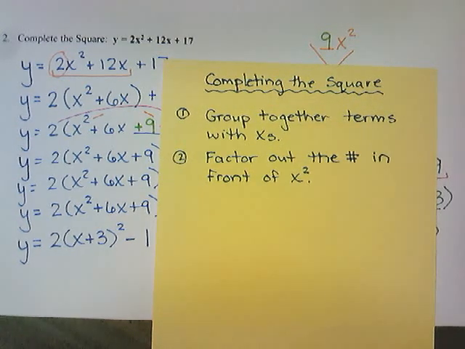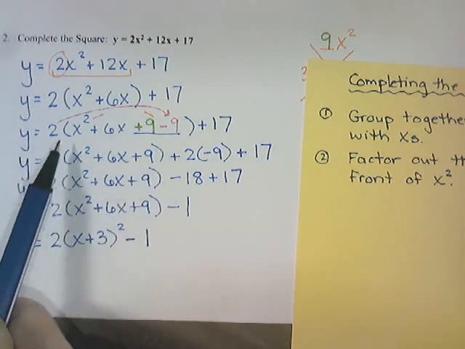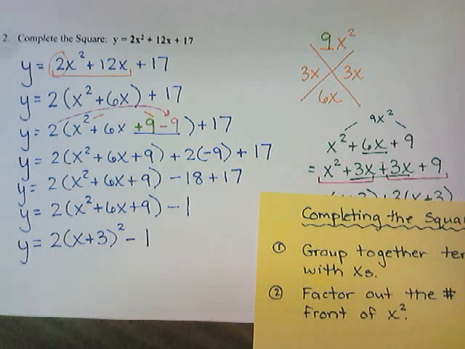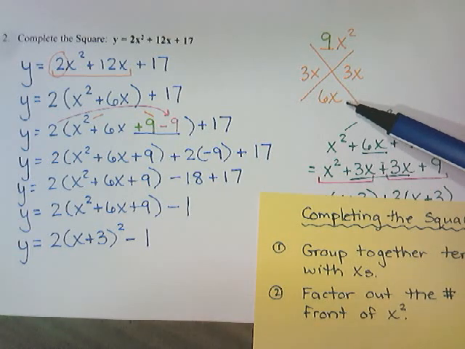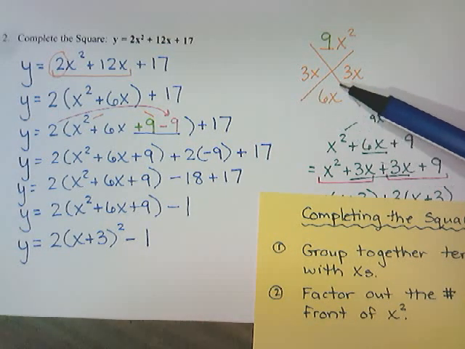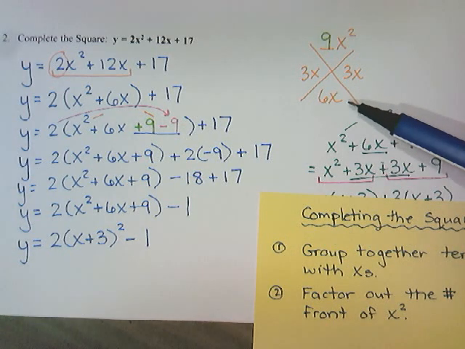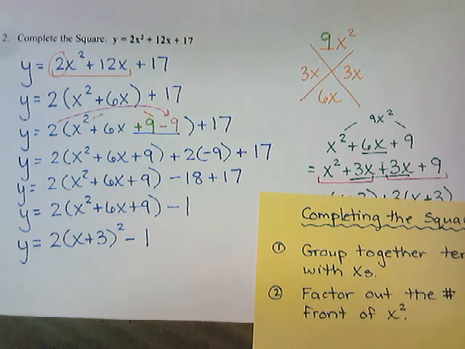All right, from there, this is the weird part. We had to find a number that completed our trinomial, right? Something that we could factor. So we did that over here by trying to find two numbers that added to 6x, which was our middle term. And in order for this to work out and be a perfect square, they had to be the same two numbers.